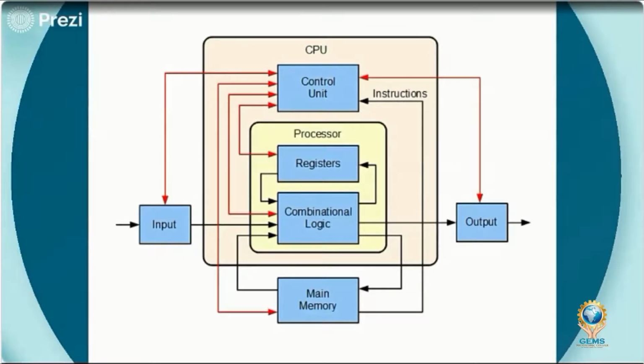All the instructions from the main memory go to the control unit, and from the processor the instructions are sent to the control unit and main memory. After all the functions happen inside the processor, the output comes. The unit takes and gives output, and the processor also takes and gives output.